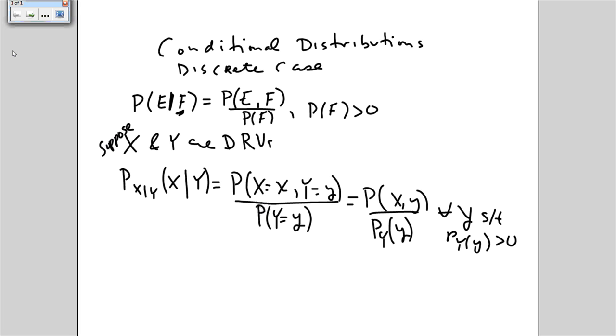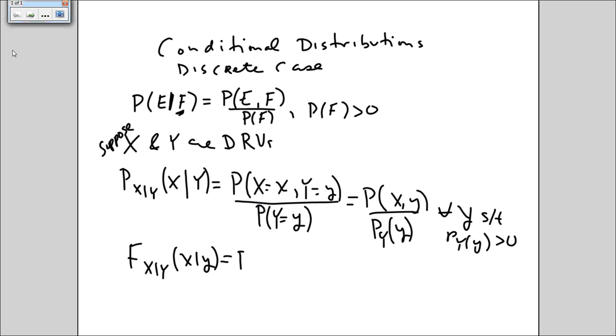Okay. So now, what about capital F, the cumulative distribution? What would F sub X given Y equal?